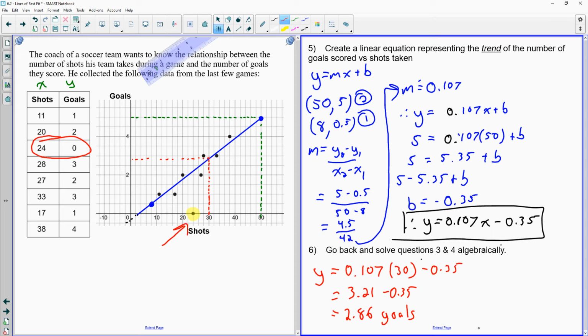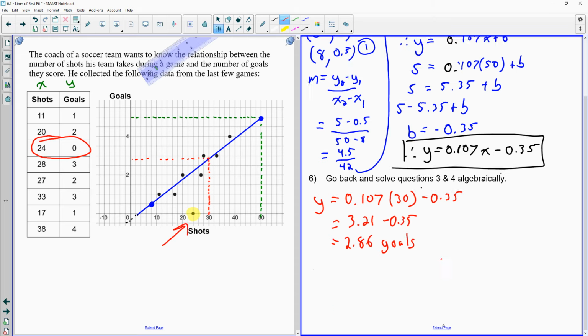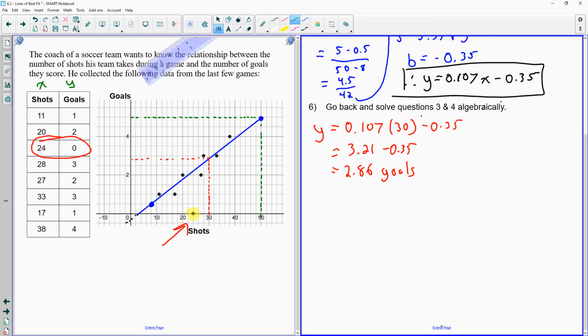And this is essentially what I assumed would happen. If you look at our graph, you can see it was a little bit below 3. I rounded up in order for it to make sense. But this is essentially what we figured out when we were doing this. We can do the same thing here for number 4. For number 4, I had asked, okay, if we're going to score 5 goals, how many shots would we take? So let's plug that into our equation. The number of goals was 5, and that's our y value.